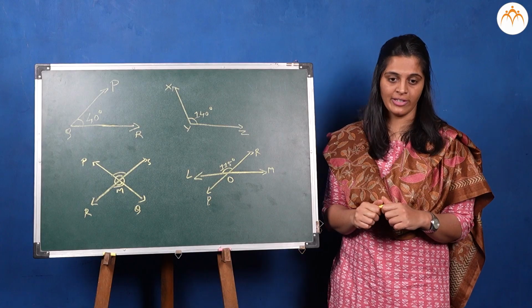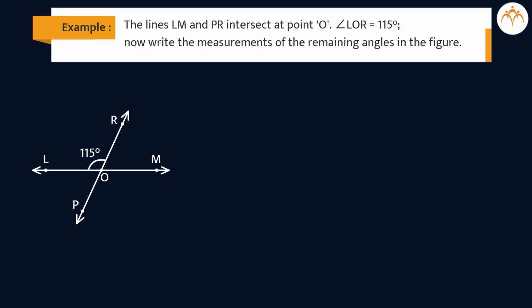Now, look at the figure again. The lines LM and PR intersect at point O, right? Angle LOR is 115 degrees, right? Now, write the measurements of the remaining angles of this figure.